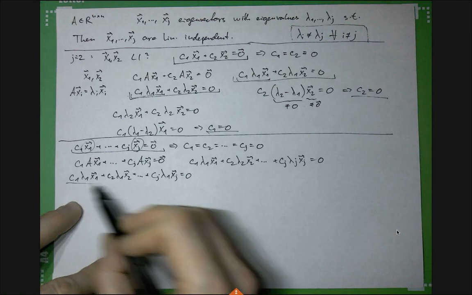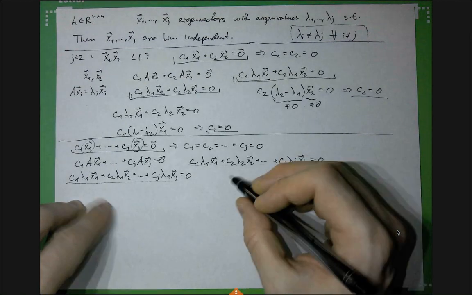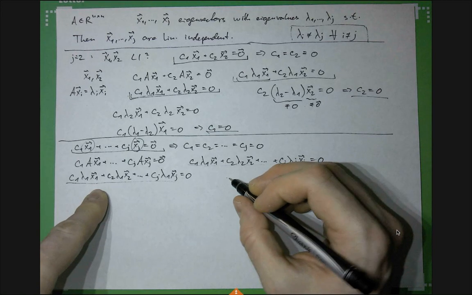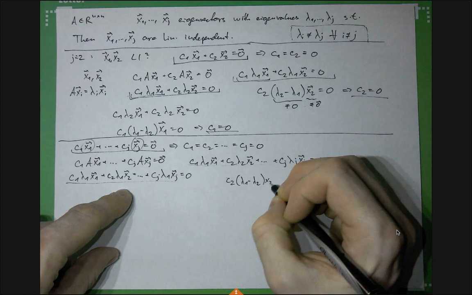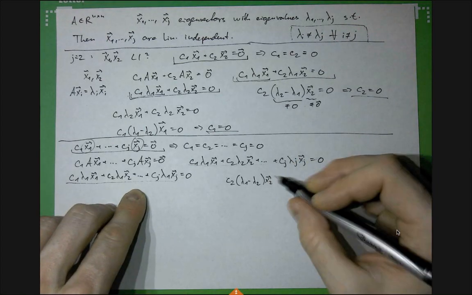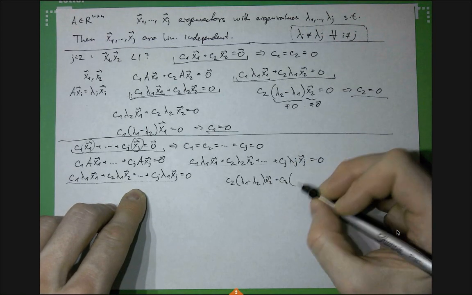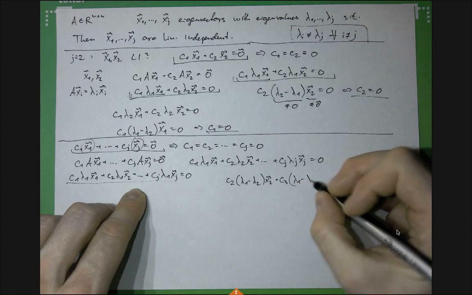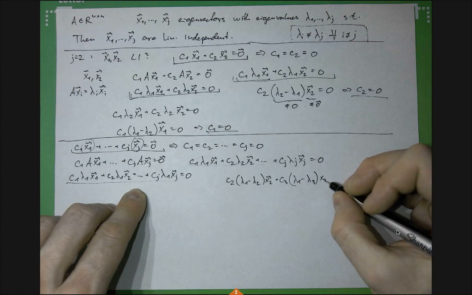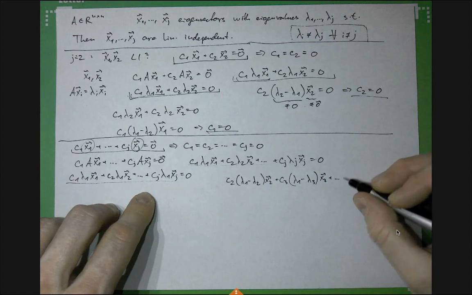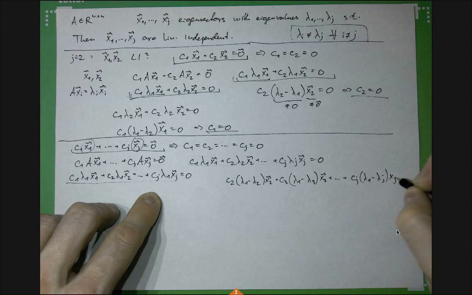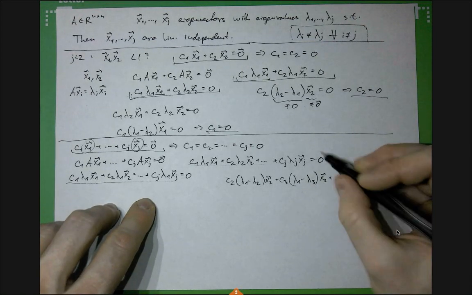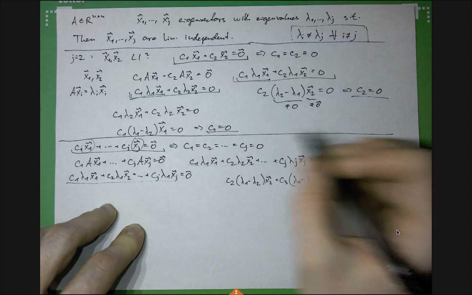And then I can subtract these two. And what do I get after subtracting them? I get C2 (lambda 1 minus lambda 2) x2. Then there would be some C3 (lambda 1 minus lambda 3) x3, and so on, up to Cj (lambda 1 minus lambda j) xj, and those are all supposed to be vector zeros.